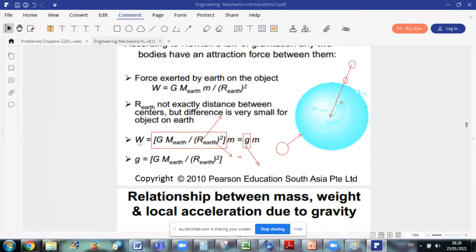In this case, this will give you a value of weight nearly equal to 0. So keep in mind that the weight is not a constant, it's a variable, and it's related to the distance between the center of the Earth and the center of the considered particle.